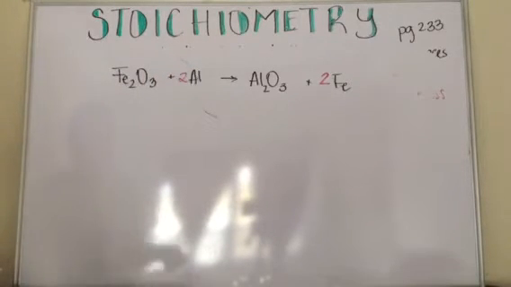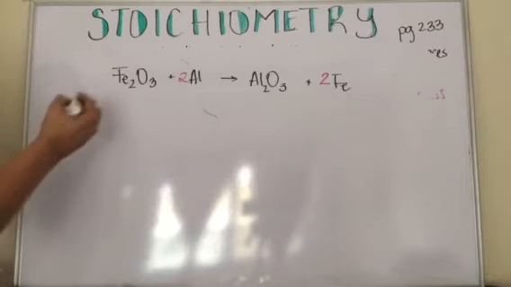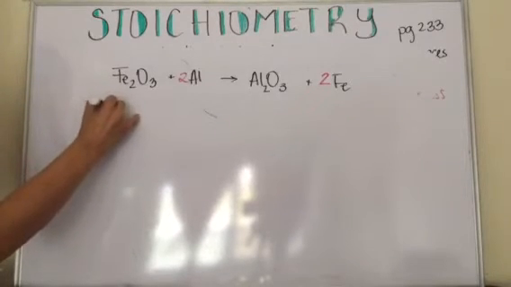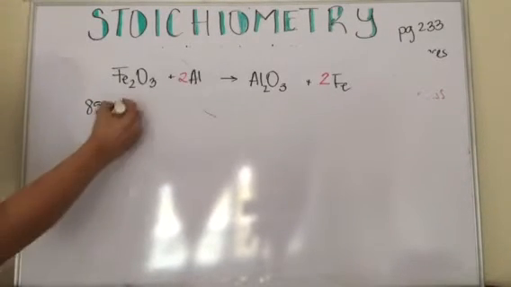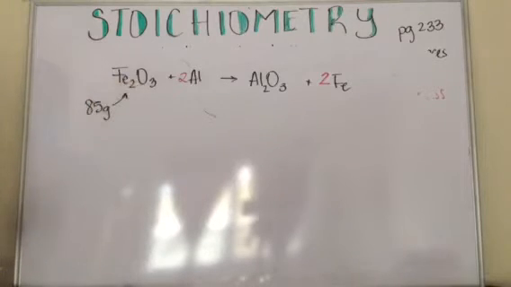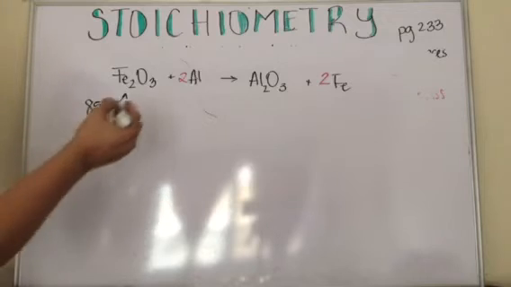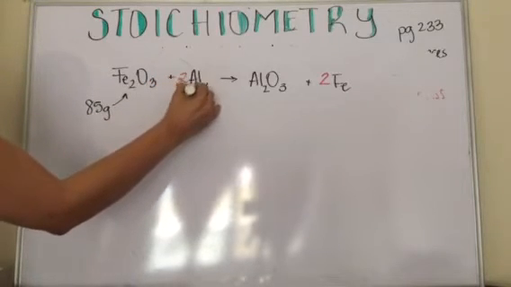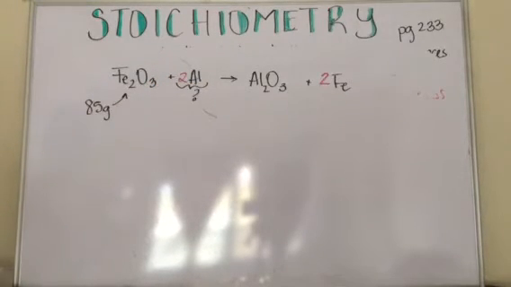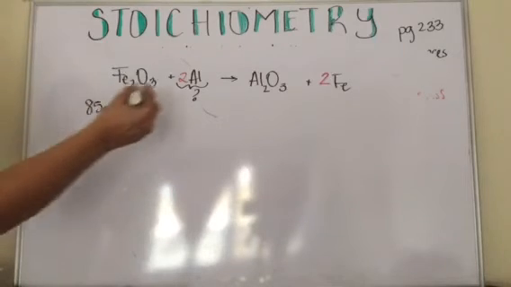All right, so this exercise is telling me that I have 85 grams of iron oxide. How many moles of aluminum do I need in order for this reaction to happen? But check the question, it's asking me for moles.